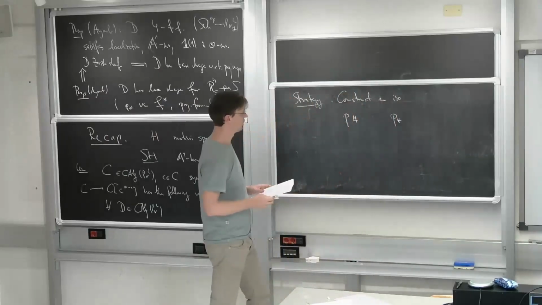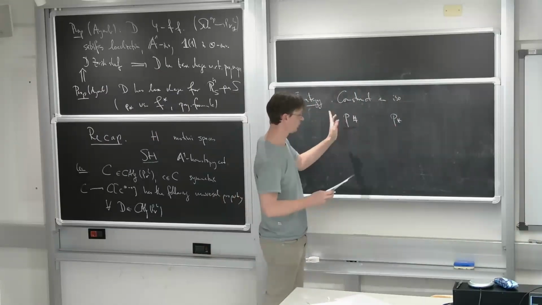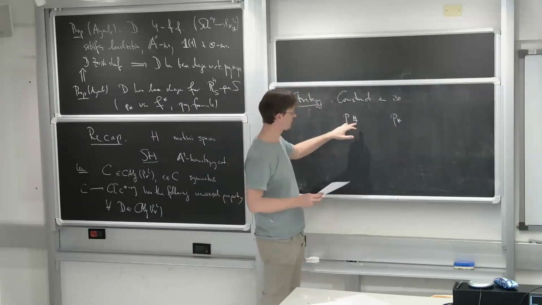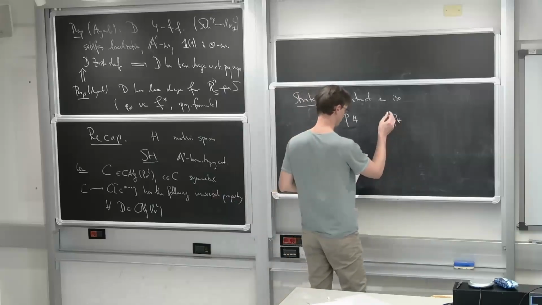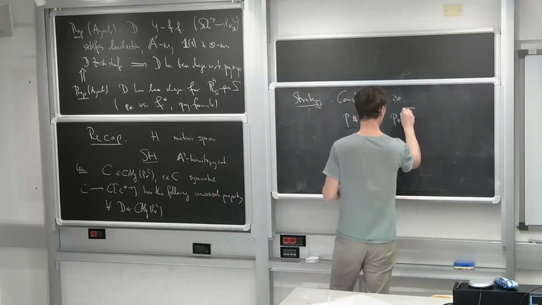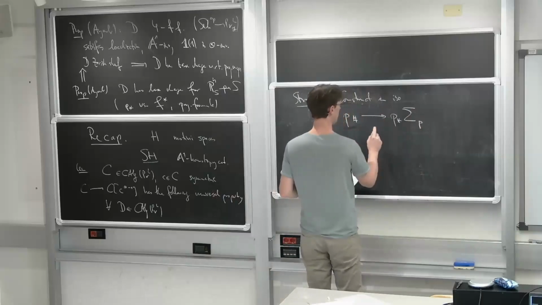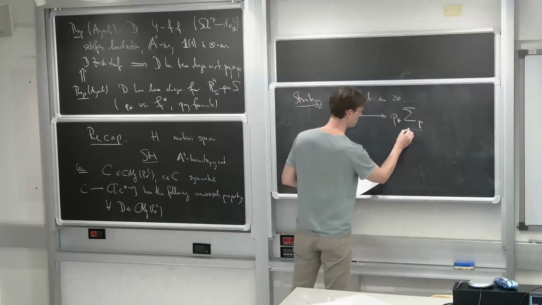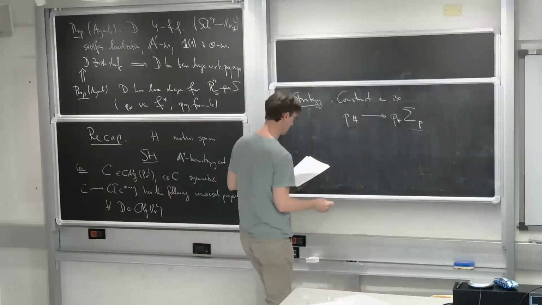Remember, this is the left adjoint of upper star, and this is the right adjoint. So if you already know something about these functors, you will see this cannot quite match. There must be a kind of massage here, and indeed there is some such correction, which I denote by sigma P. What I'm trying to do now is explain to you what this sigma P is and wave my hands a little about why this works.